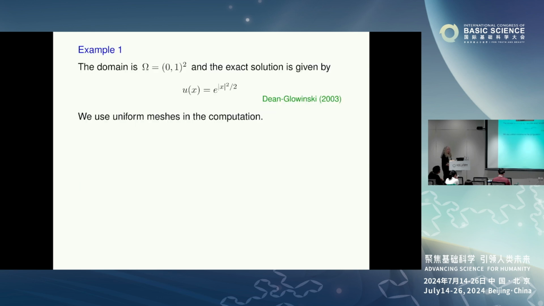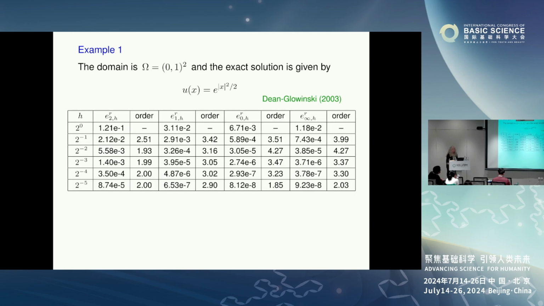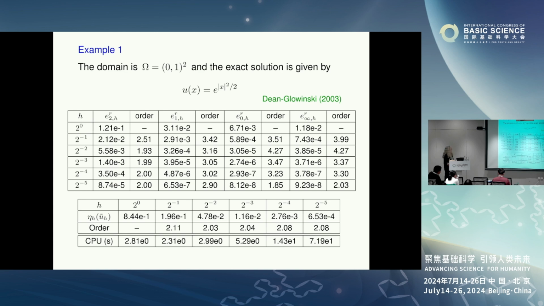In our first example, the domain is the unit square, and we have a very smooth exact solution. These are the relative errors, and the error estimator, and the computed times. In less than 3 seconds, we already have a very accurate approximate solution.